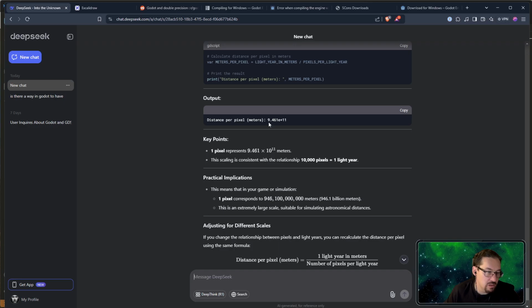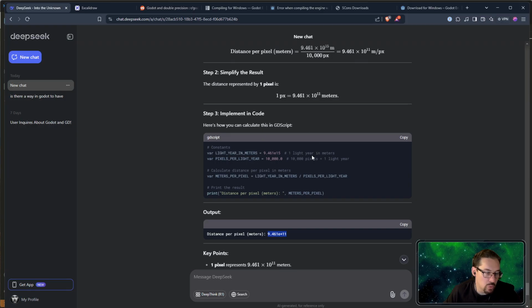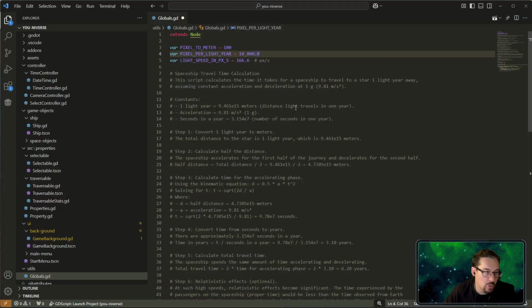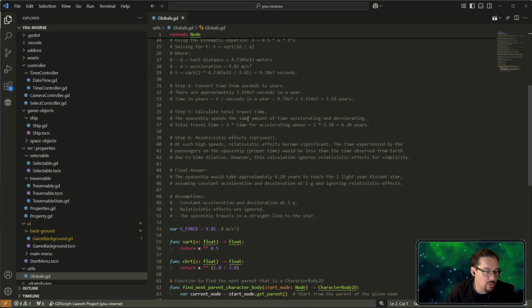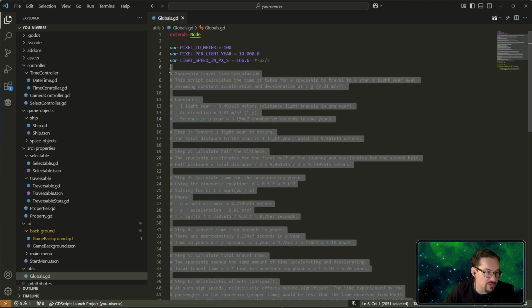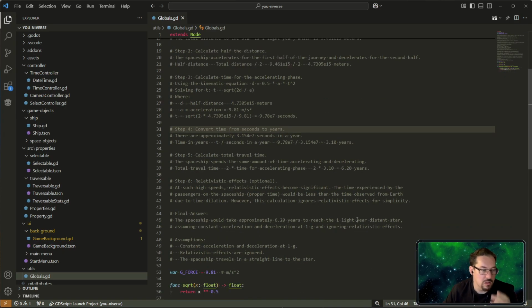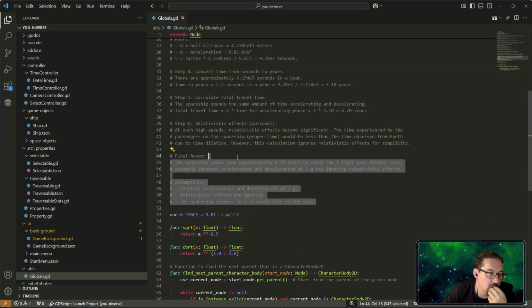Yeah, 1 pixel would be very, very big. And then I would need to define the acceleration rate as well.